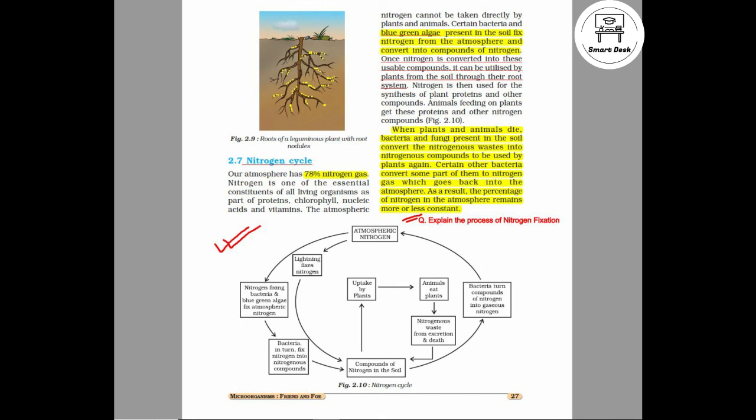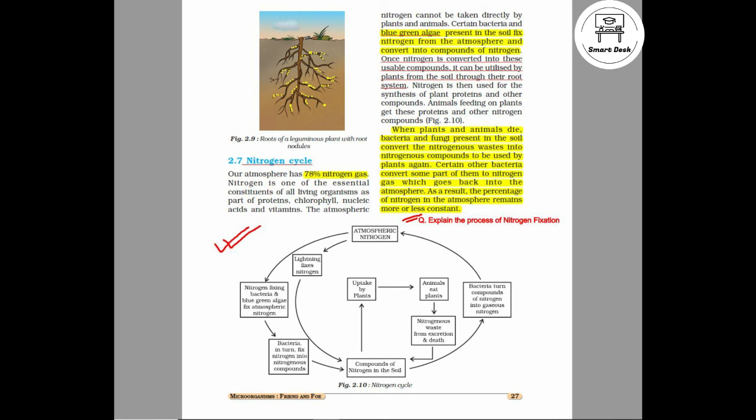The process is that when plants and animals die, bacteria and fungi present in the soil convert the nitrogenous waste into nitrogenous compounds, which can be used by the plants again. Certain other bacteria also convert some part of these compounds into nitrogen gas, which goes back to the atmosphere. As a result, the percentage of nitrogen remains constant in the atmosphere.